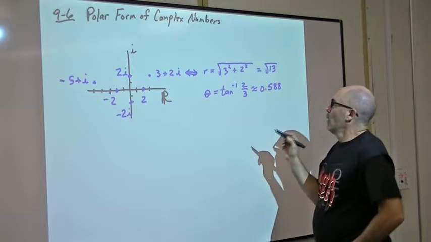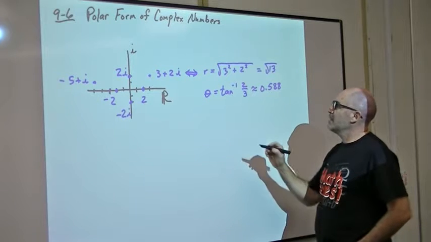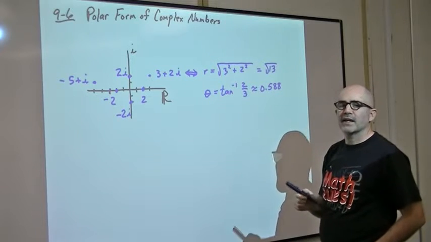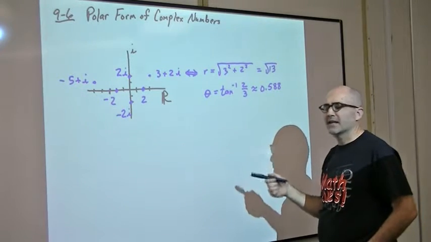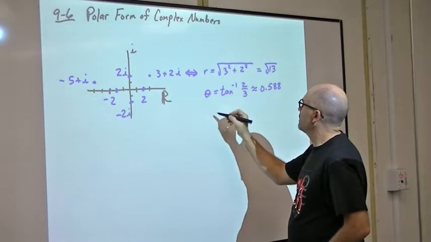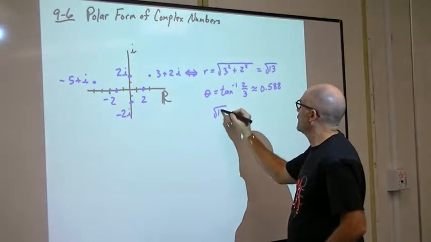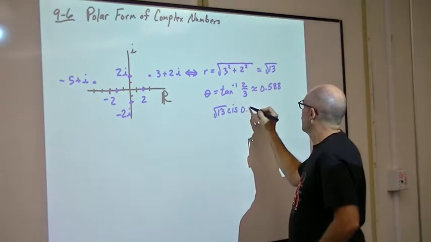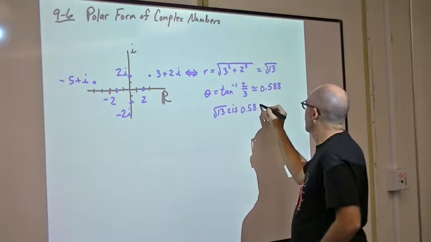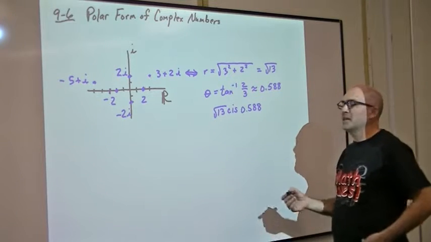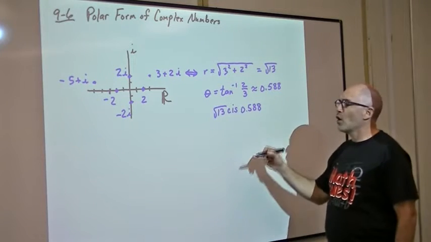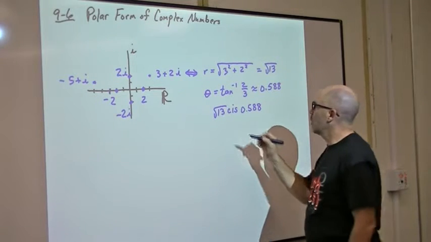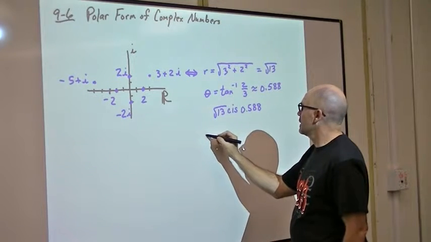Now, we're going to name this point, instead of r comma theta, we're going to name it r cis theta. So it just becomes square root of 13 cis 0.588. What does cis mean? It means cosine plus i sine. So this is how the book is going to read it.